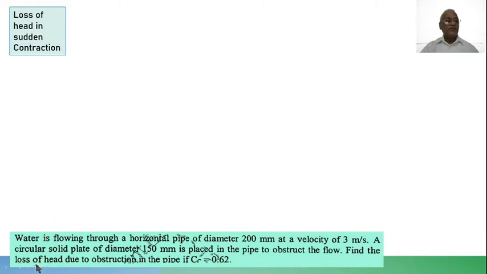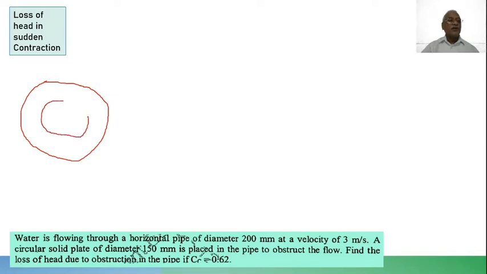So if we try to analyze what is given here, there is a pipe, flow is occurring, and there is one obstructing plate, so that you have water flowing only here, right? Earlier, with a velocity of 3 meter per second, it is taking this area. If I call this A1, A1 is the area with a diameter of 200 mm.